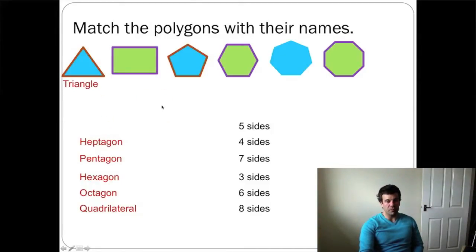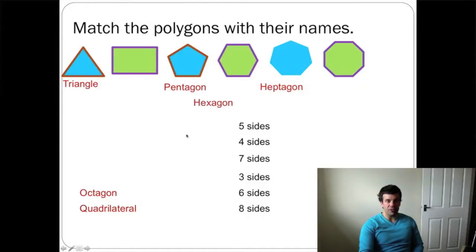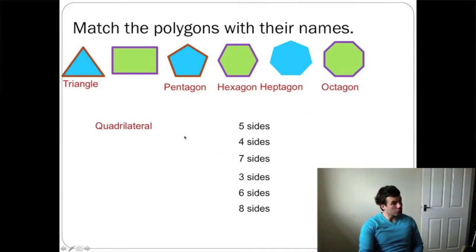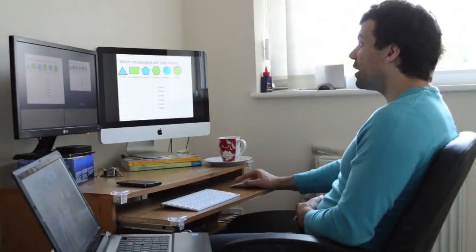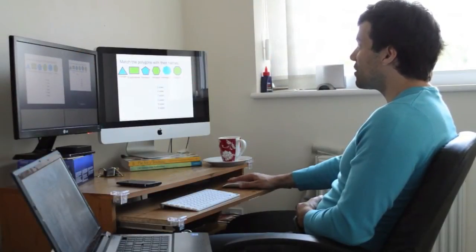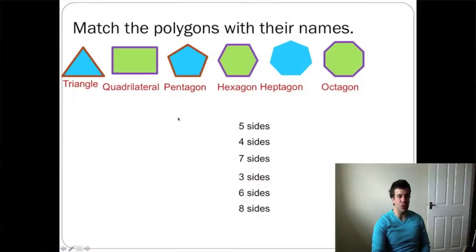A triangle, 3-sided shape. The heptagon has a 7-sided shape. The pentagon, 5 sides. Hexagon, 6. Octagon, 8. Quadrilateral, any 4-sided shape. Not just a rectangle, any 4-sided shape is a quadrilateral.